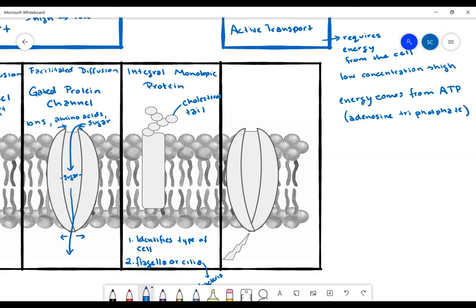Okay, so it is an adenosine molecule that is bound to 3 phosphate groups. Okay, and those 3 phosphate groups, this is the chemistry behind it if you want to know. So those 3 phosphate groups that are bound to that adenosine, in those bonds between the adenosine and the phosphate, they hold a lot of energy. And so when we break the connection between the adenosine and the phosphate, that releases a bunch of energy.